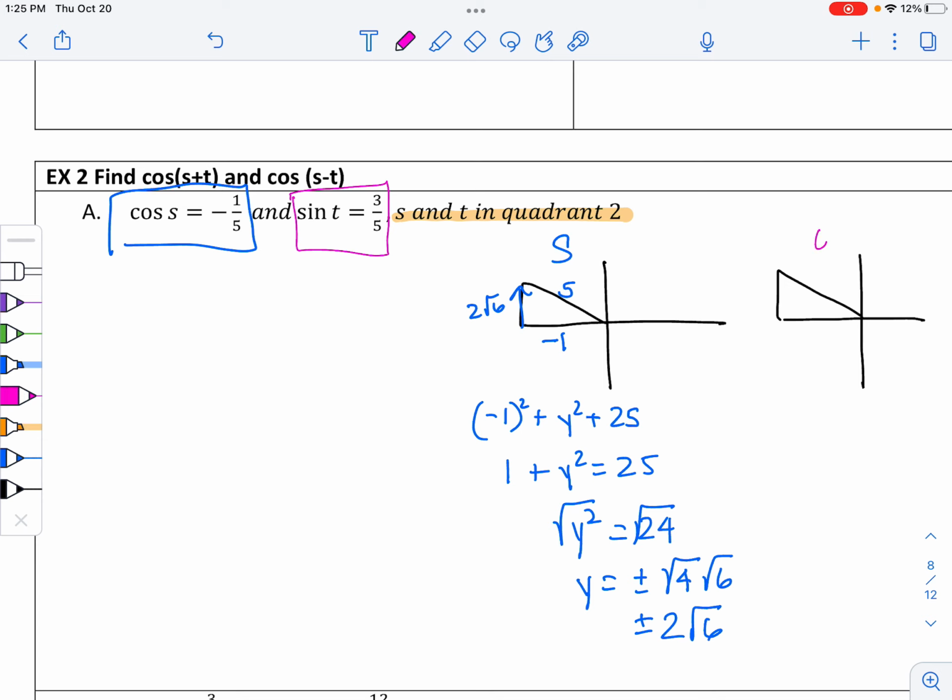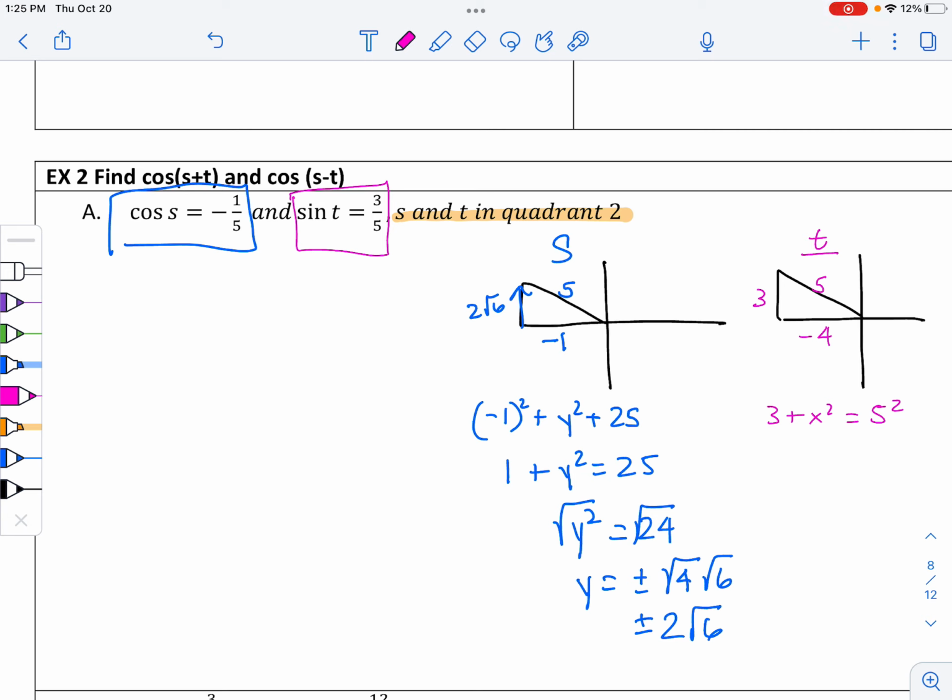My angle T picture says it's also in quadrant 2, and it told me sine, which was opposite over hypotenuse. Again, to find that third side, most of you probably know this triangle by now. This would be a -4. If you don't know it, that's okay. Use Pythagorean theorem.